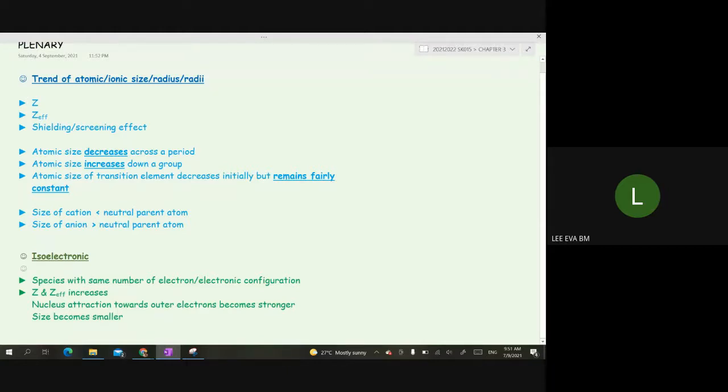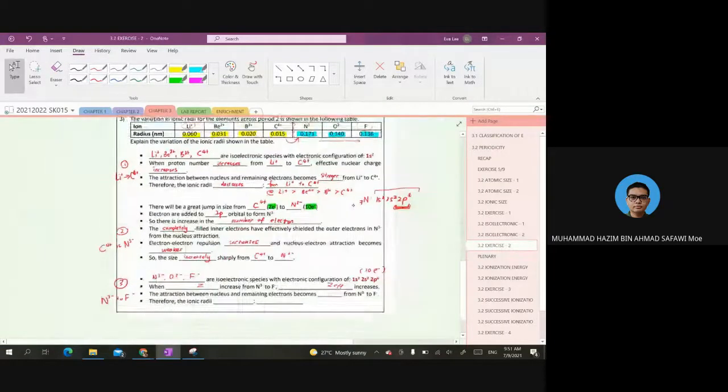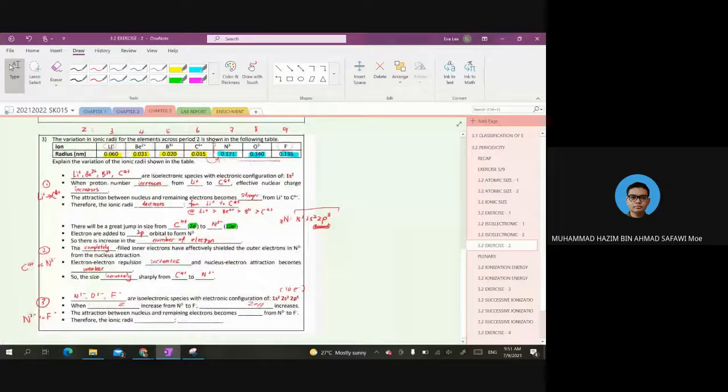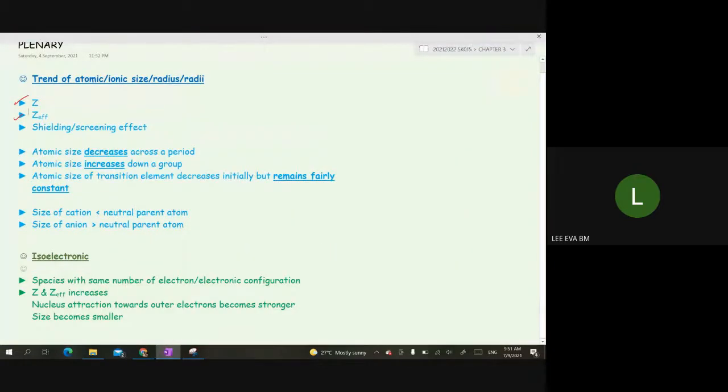For Z, the proton number, or the effective nuclear charge, you need to also understand the term shielding or screening effect.